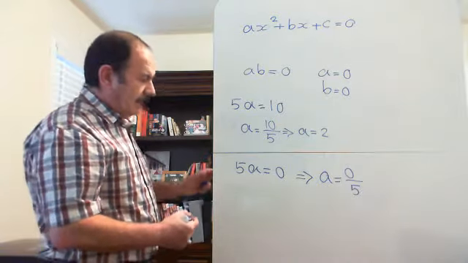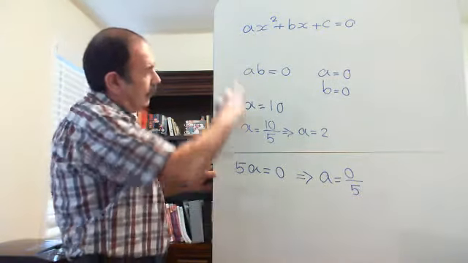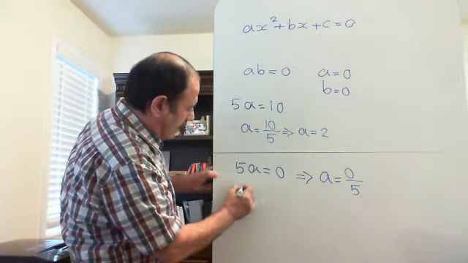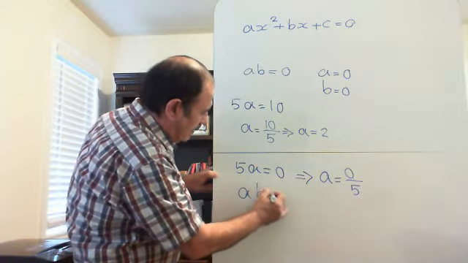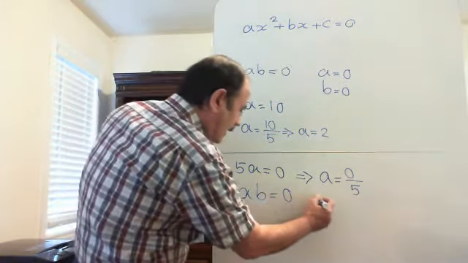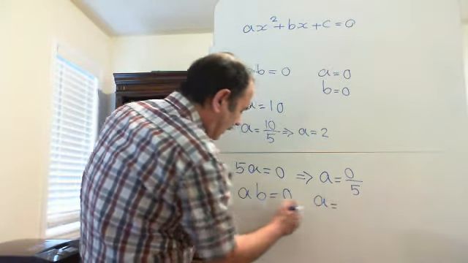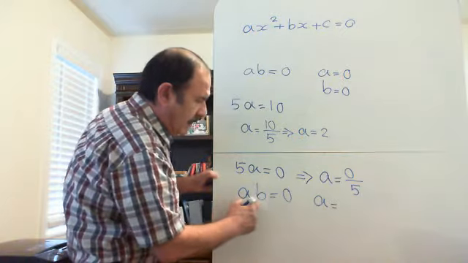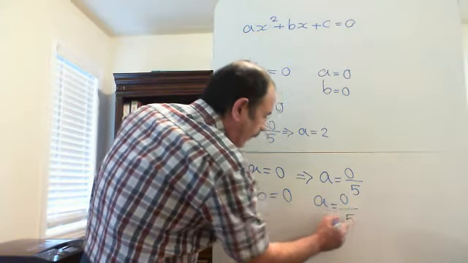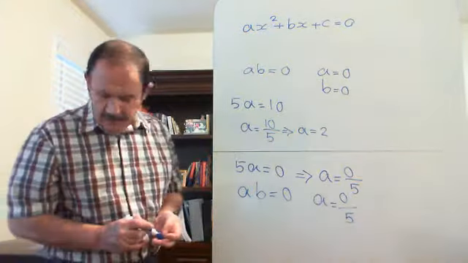As an example, going back to this one, if I have ab equal to 0, then if I want to calculate a, I can divide both sides by b, and a is going to be equal to 0 over b.